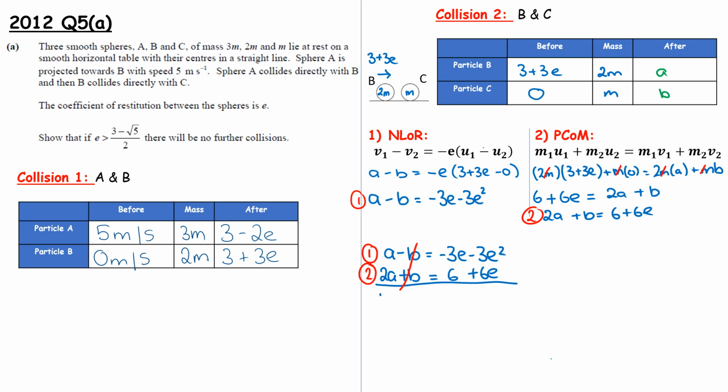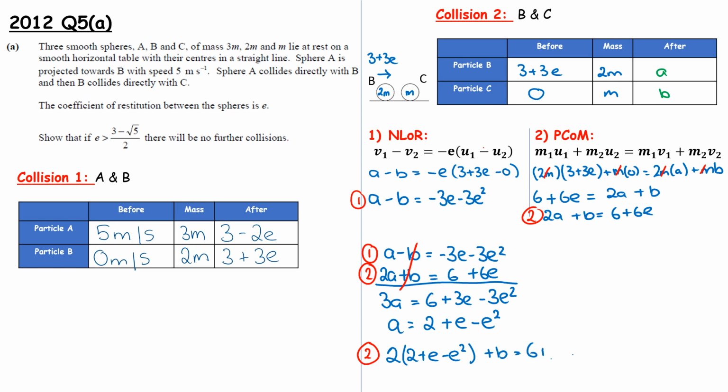So we have 3a is equal to 6 plus 3e minus 3e squared. We can divide across by 3. So a is equal to 2 plus e minus e squared. So then whichever one we want, I'm going to take equation 2, a little bit easier. And we have 2 times 2 plus e minus e squared plus b is equal to 6 plus 6e.